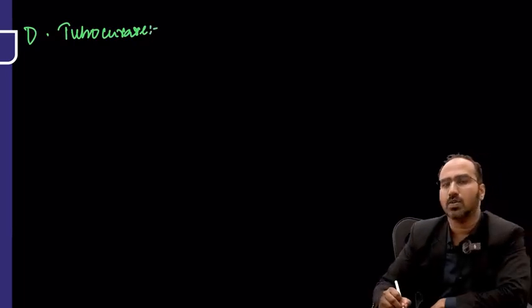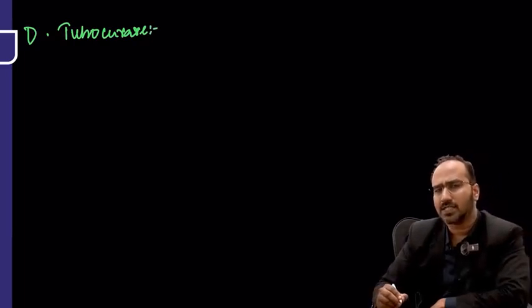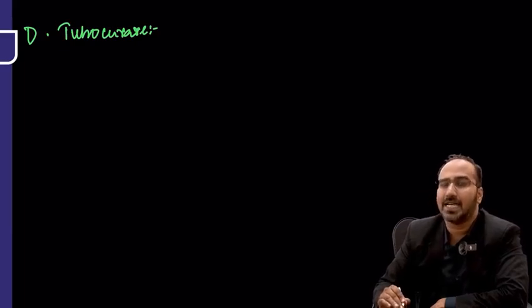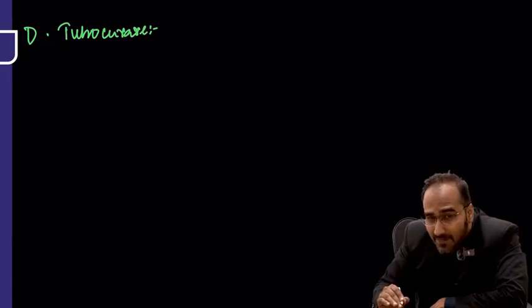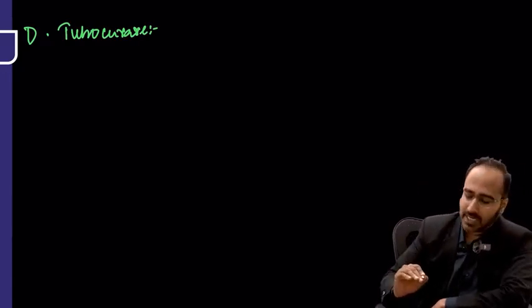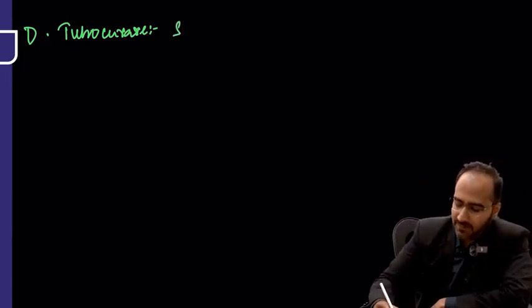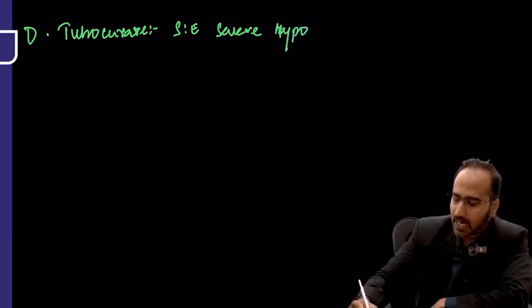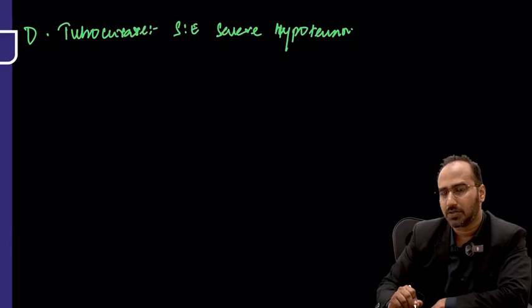When it was introduced, there was a guy called Harold Griffith. He gave this D-tubocurare to the patient. The muscles were relaxed. At the same time, they noticed the patient was having some allergic reaction and severe hypotension. The side effect of D-tubocurare is what? It causes severe hypotension. Hence, D-tubocurare is not used.